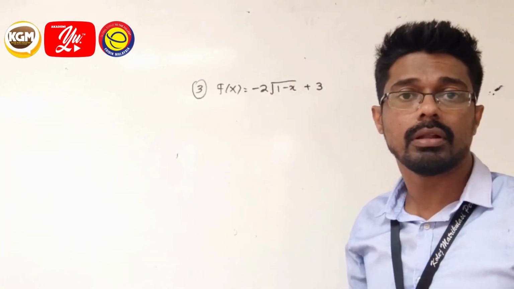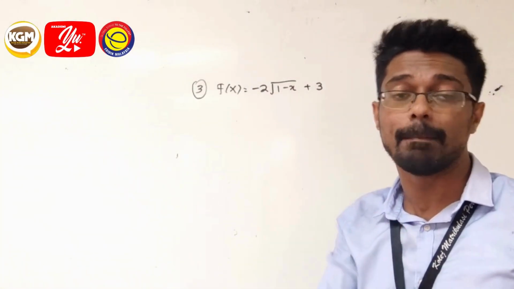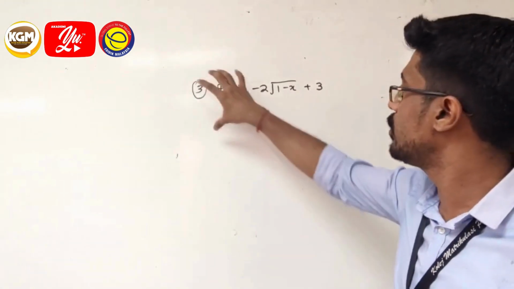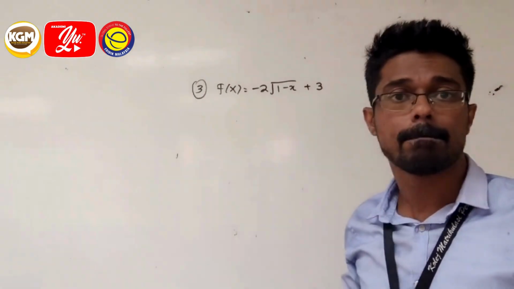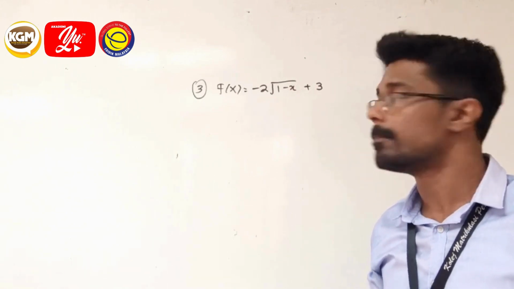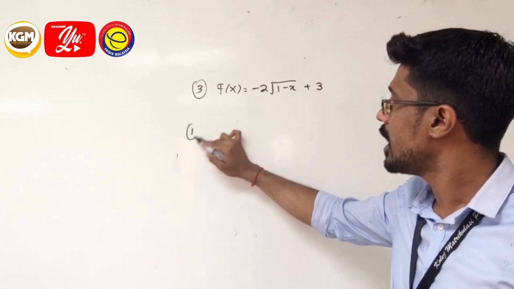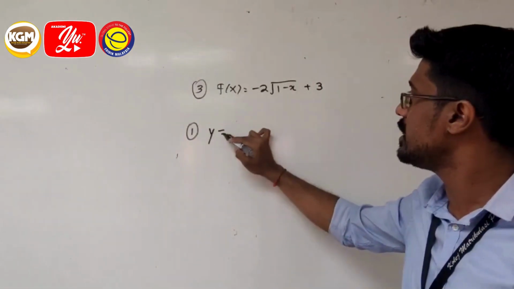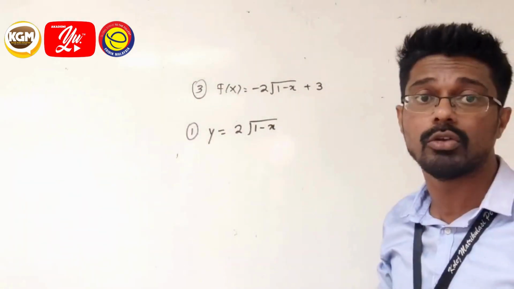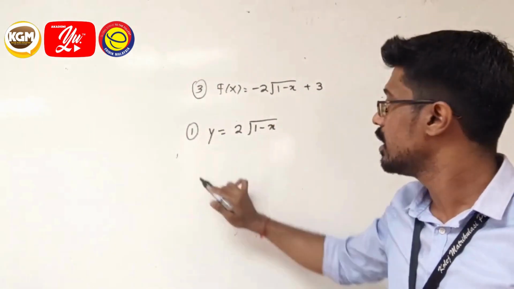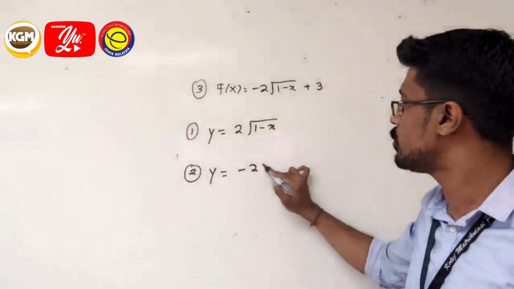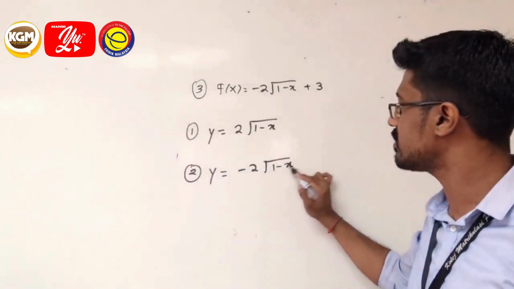Now the third example. This time around, we're going to apply the tricks in order to sketch the graph. Meaning to say, I'm not going to sketch this straight away. I'm going to use my trick. How do I do that? Well, first, I'm going to draw y equal to 2 surd 1 minus x. That's the first graph that I'm going to draw. Next, I'll draw y equal to negative 2 surd 1 minus x.